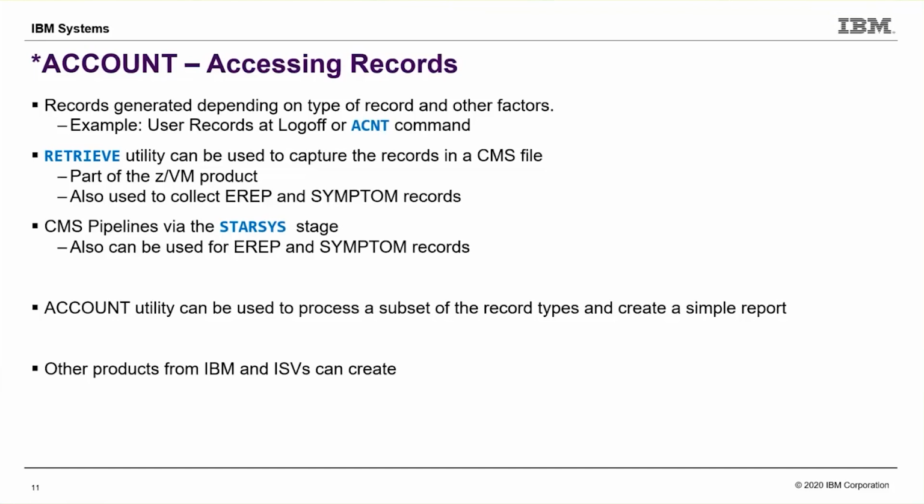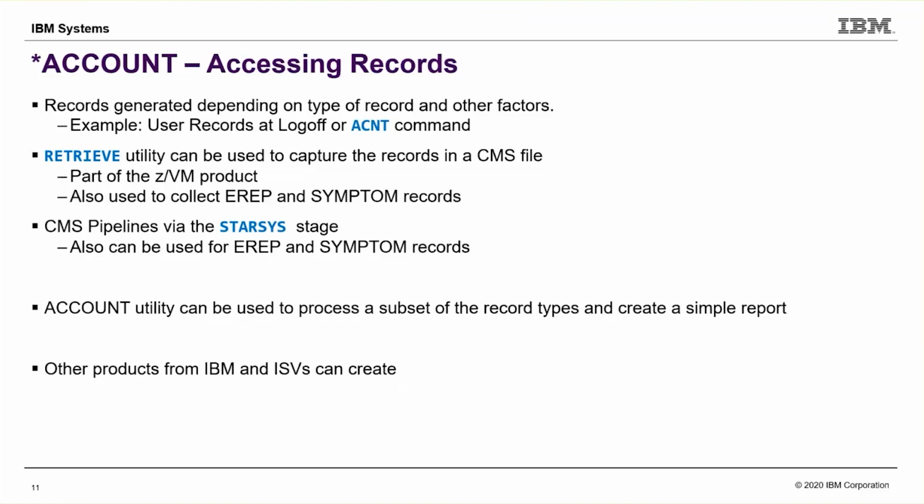They simply connect into the accounting system service, and those accounting records come flowing into the pipeline, where they process them and deal with them in different ways. That way they get exactly what they want out of those records. Now, there is a utility that we ship with the z/VM product called ACCOUNT. It's fairly rudimentary. It's mostly focused on, as I said, the user records, the type 1 records.